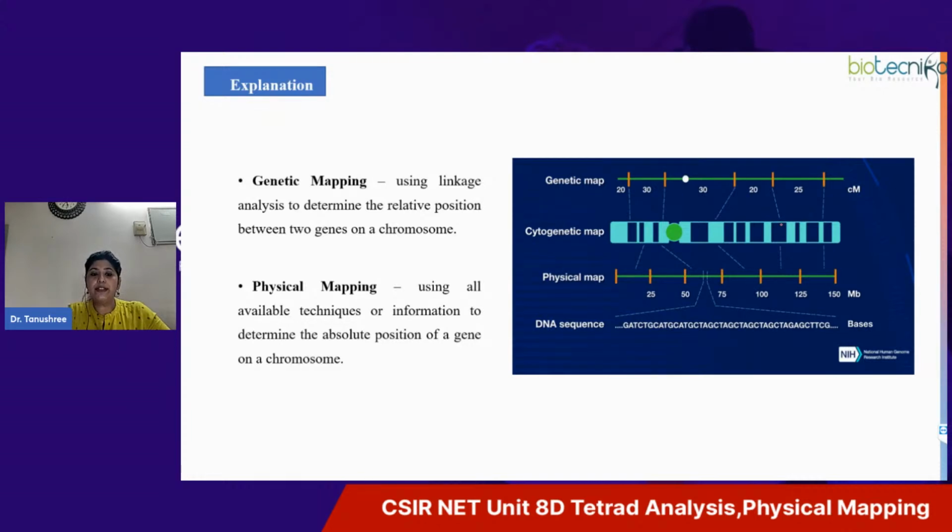But physical maps are more efficient and more accurate because they provide the actual position of the gene on the chromosome. There are several techniques available for performing physical mapping. The four main techniques are deletion mapping, somatic cell hybridization, in situ hybridization, and finally sequencing.